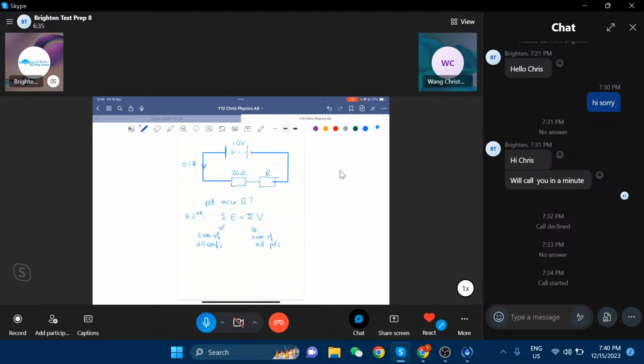And now, if we apply that to our given circuit, how do we have to formulate the sum of all EMFs? The total EMF of all the cells. Okay, so the EMF is how much? 10 volts.